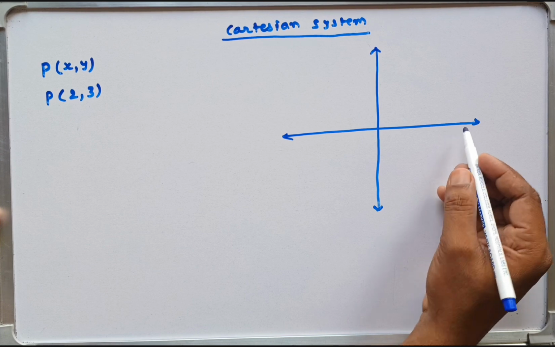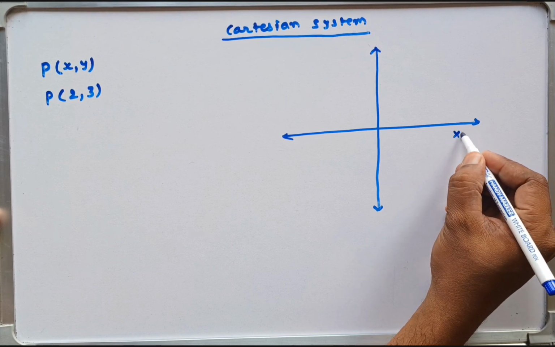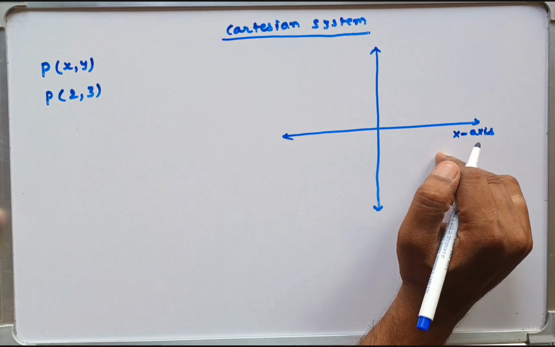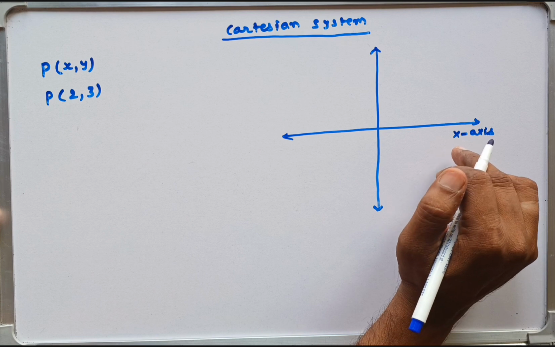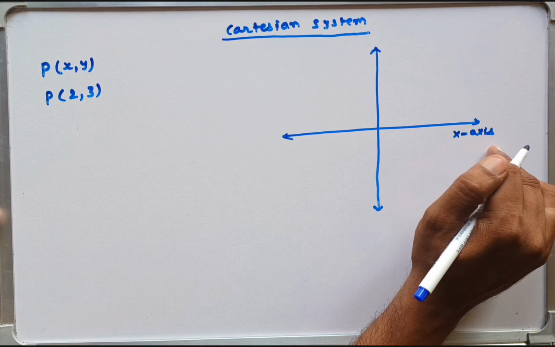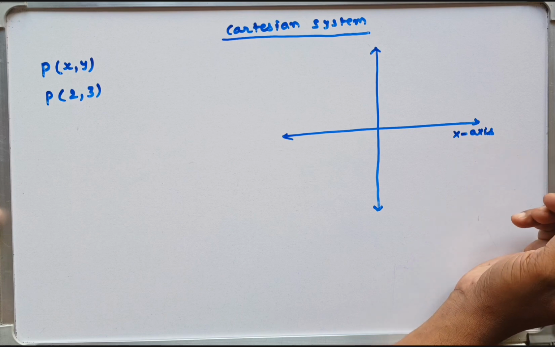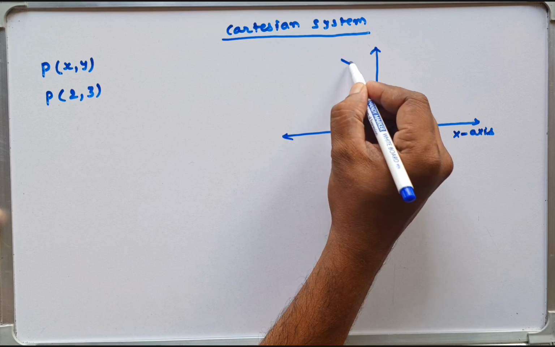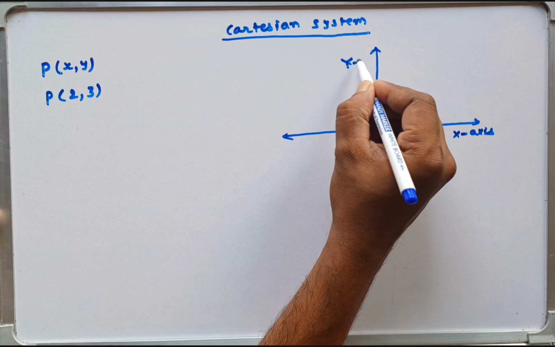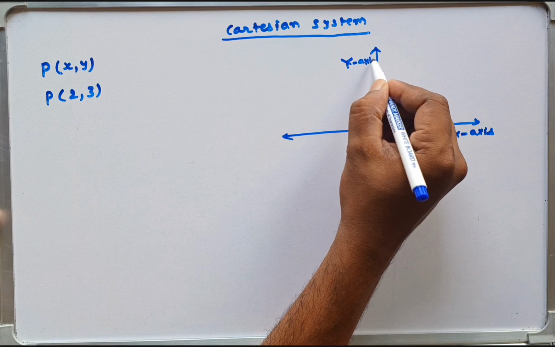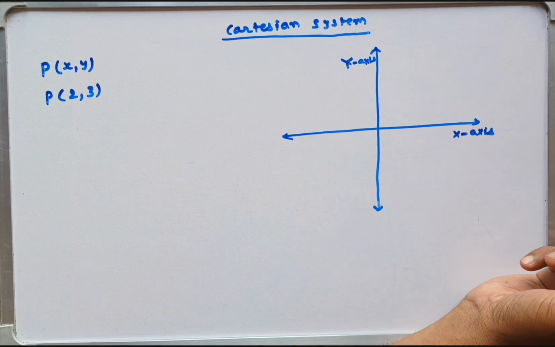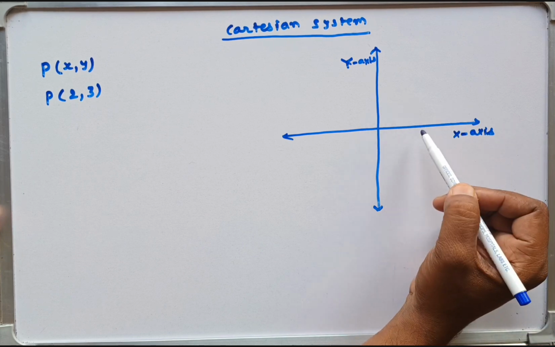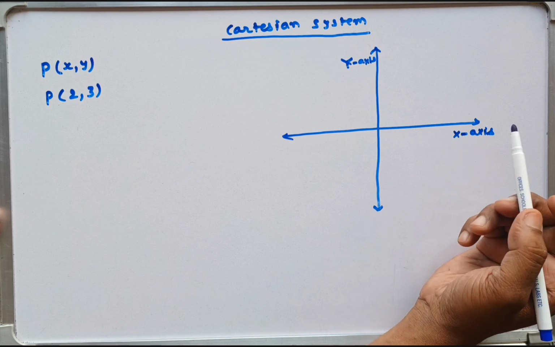This horizontal line is known as the x-axis. We write x, then dash, then axis. And the vertical line which is perpendicular to the x-axis is known as the y-axis. Guys, perpendicular means the angle between these two lines must be 90 degrees.